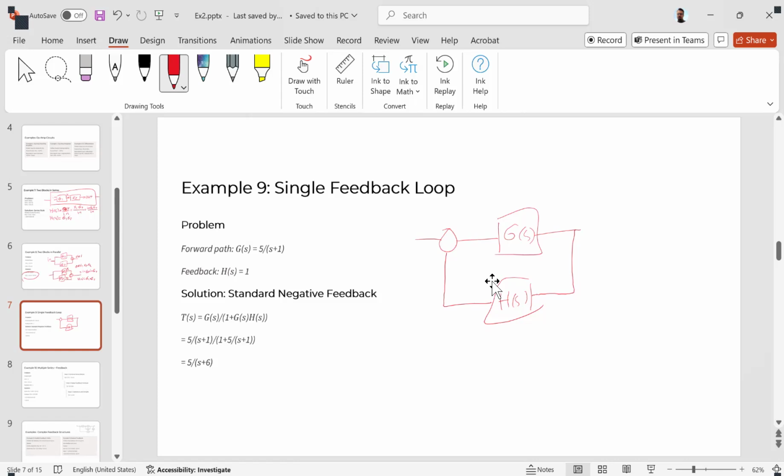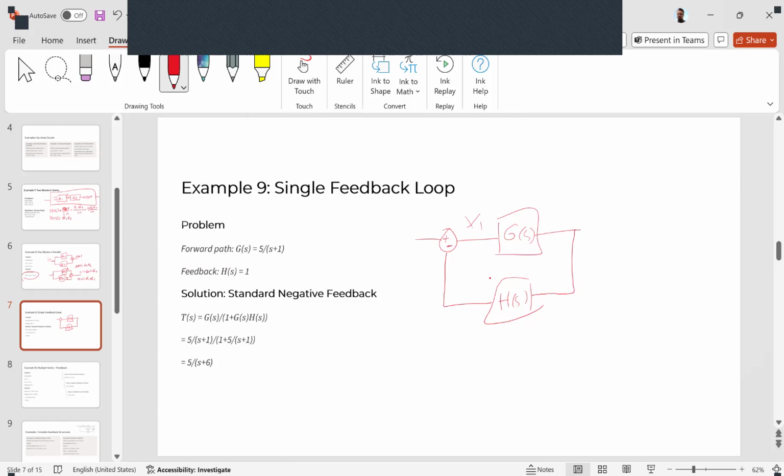Does that make sense? So if we have negative feedback, meaning the polarity of this one is positive and the polarity of this one is negative, let's say x1 would be the input minus the feedback.